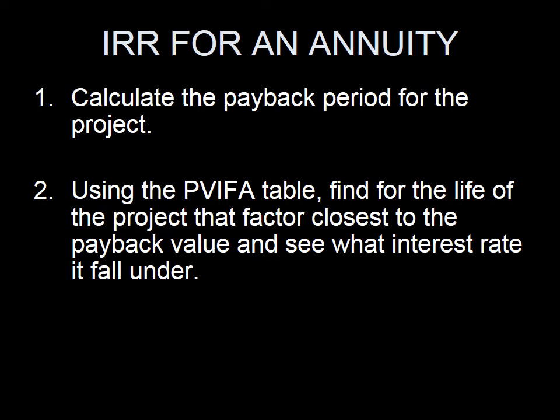So in other words, if the project has a life of 10 years, you would go down to 10 periods and move across the table until you see the payback number, and whatever interest rate that's under, that would be your internal rate of return. Sounds more complicated than it is to work through one, so let's work through one so you can see it.